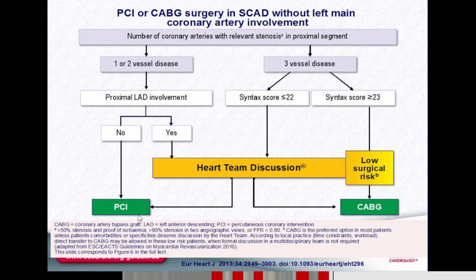Can we perform PCI or do we need CABG? And when the SYNTAX score is below 22 in three vessel disease, the same heart team discussion we need. When the SYNTAX score is more than 23 with low surgical risk, we consider the CABG.